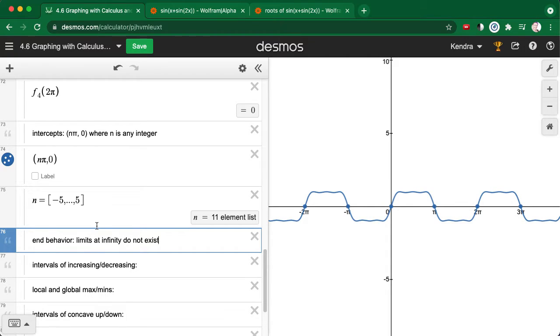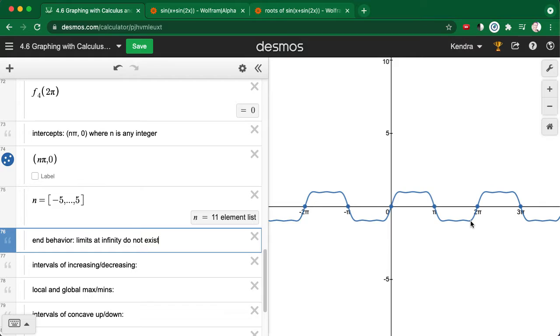There's no one value that the function is approaching for large values of x. For large values of x, it continues to oscillate in this periodic way, going back and forth between -1 and 1.